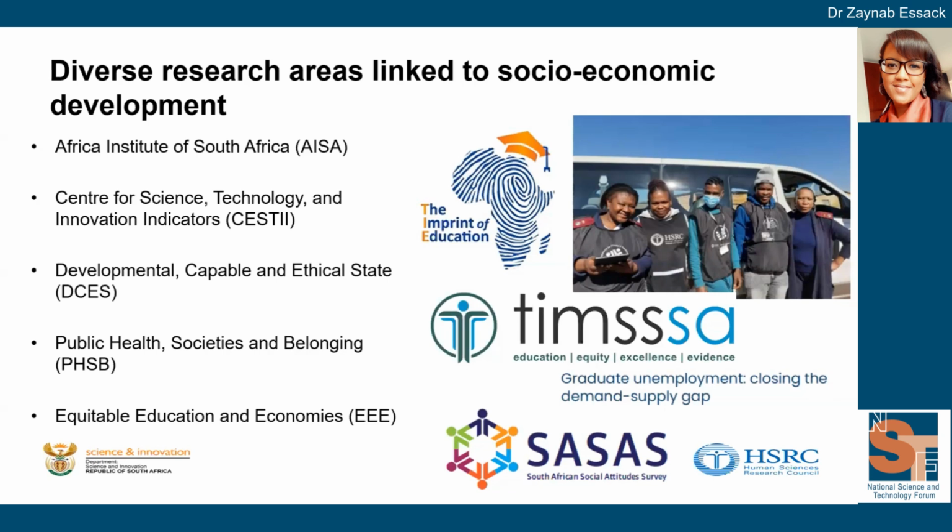And we have a division that looks at education and the economies, and a vast array of national surveys that look at our literacy rate, for example, unemployment, etc. I could not begin to do justice on any of these units. I'm in a small center based at the Public Health Societies and Belonging, and so I want that to be the focus of what I talk to you about today.